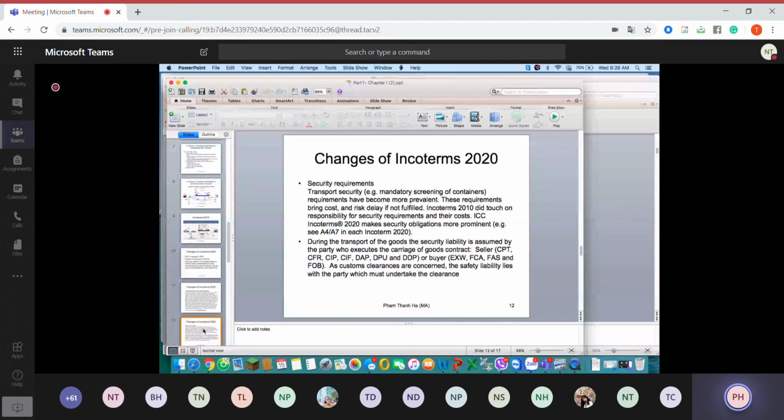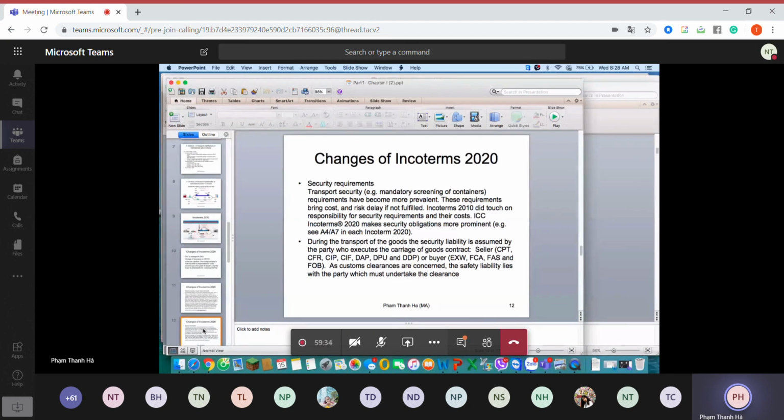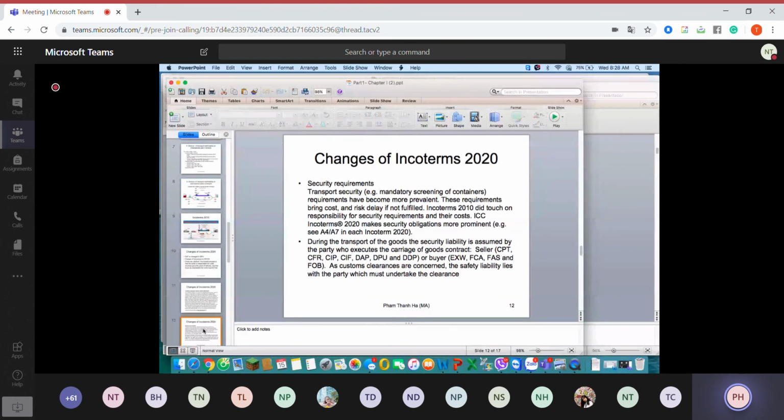During the transport of the goods, the security liability is assumed by the party who executes the carriage of goods contract. So it's important that we currently understand very well who will gain the transportation rights or transportation liability between the sellers and the buyers, because the party who gains transportation rights is also the party responsible for the security liability.